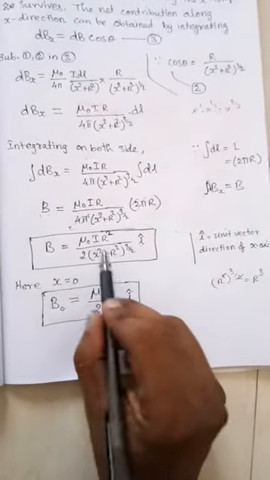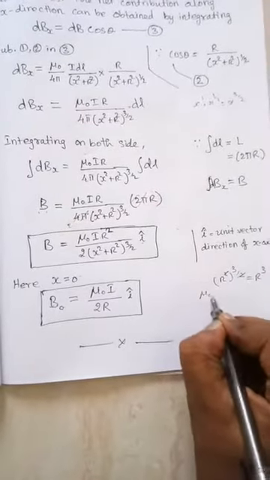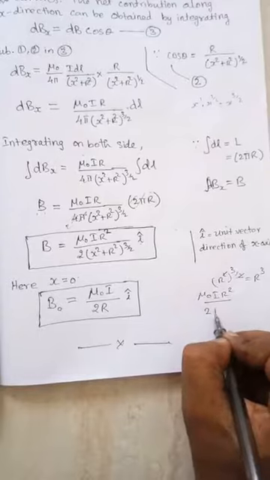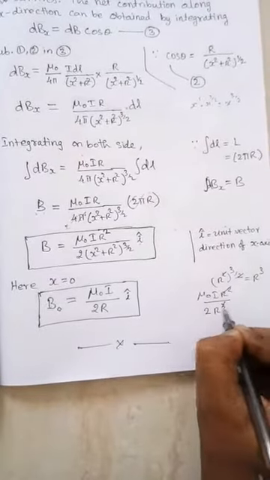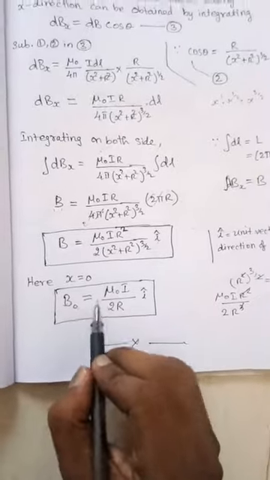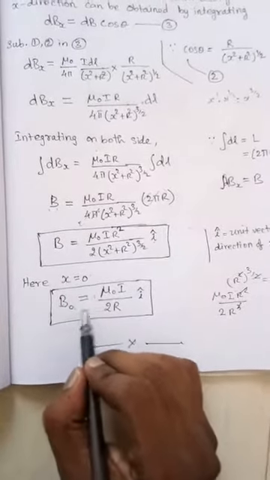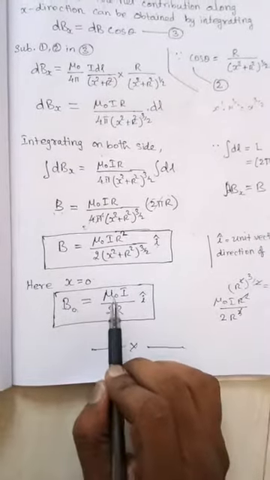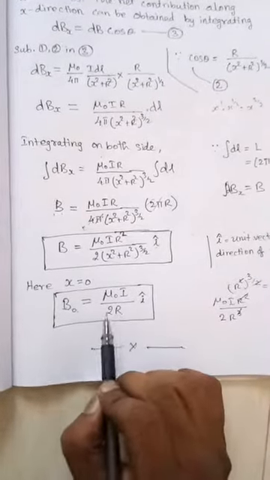So mu naught I R square divided by 2 R cube, and R square over R cube leaves R. So the magnetic field at zero distance is B naught equal to mu naught I divided by 2R.